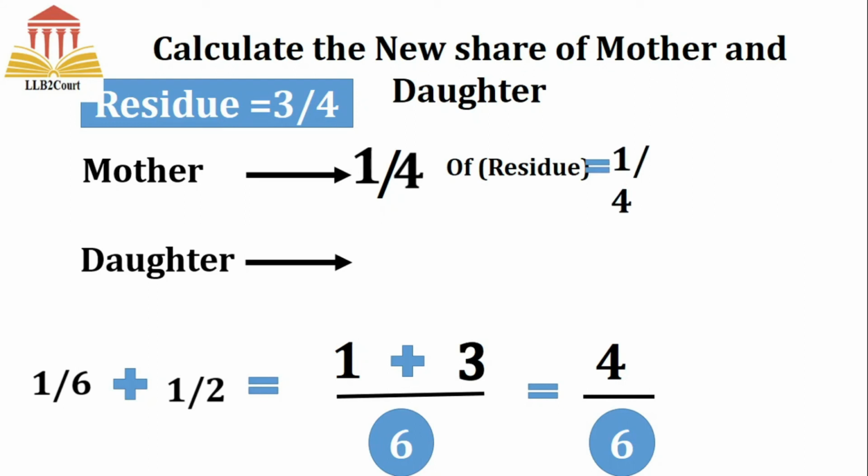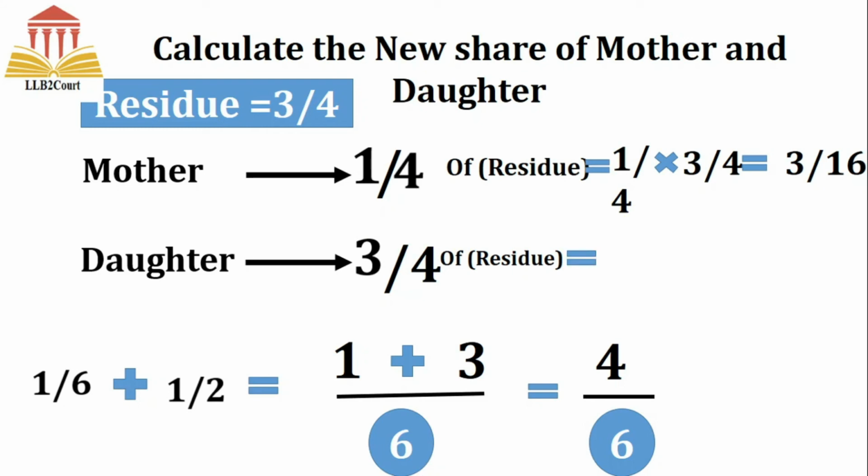That is, 1 by 4 of residue is equal to 1 by 4 into 3 by 4 equals 3 by 16. Similarly, for daughter, it is 3 by 4 of residue, equal to 3 by 4 into the residue, 3 by 4, which is equal to 9 by 16. So the new shares of mother and daughter are 3 by 16 and 9 by 16.